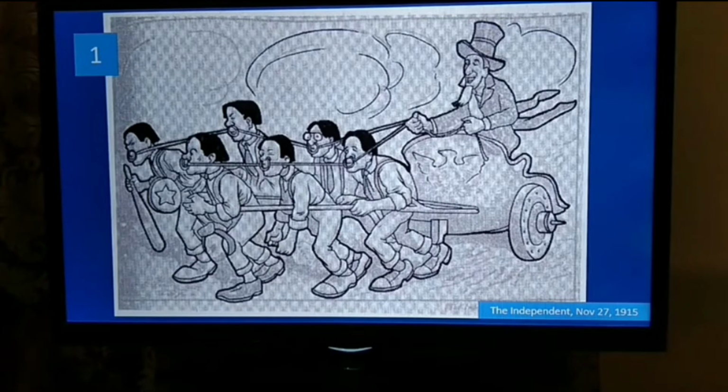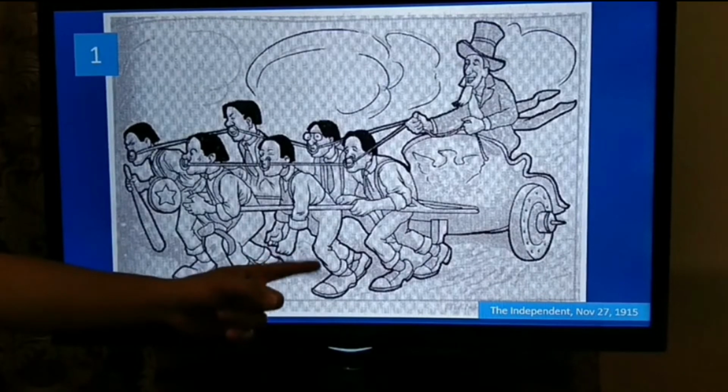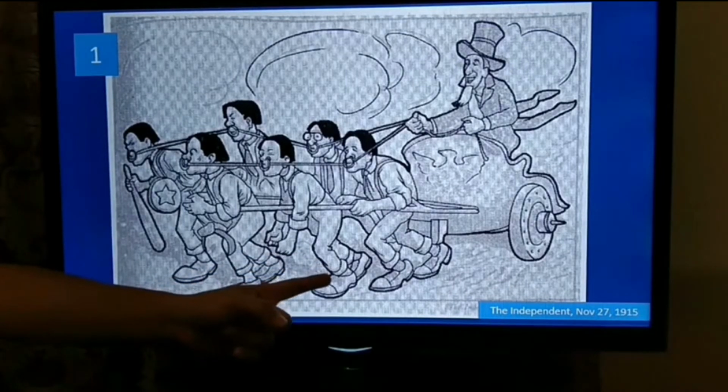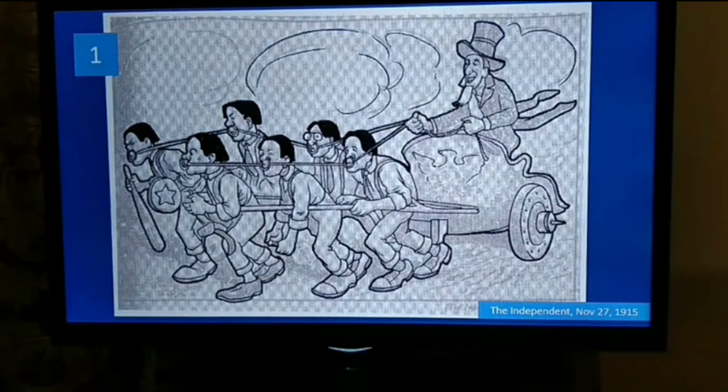Now, during the American colonial period, that hairstyle continued on as a required hairstyle in the universities. So if you're a college student, you have that hairstyle. Now, that means in this caricature, the ones pulling the chariot are, yes, university students.